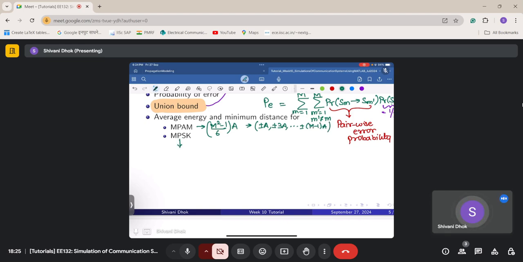And for MPSK, this comes out to be equal to a if my constellation points lie on a circle of radius root a. And this is the constellation points that I have. Something like this.